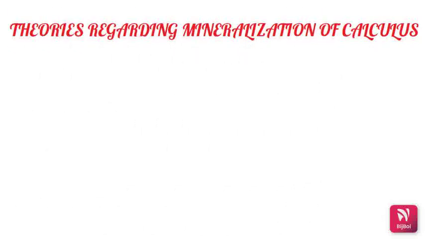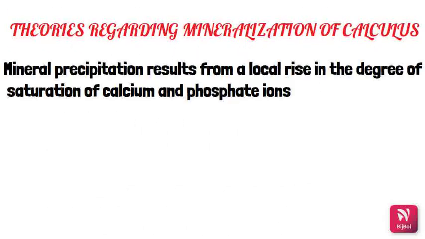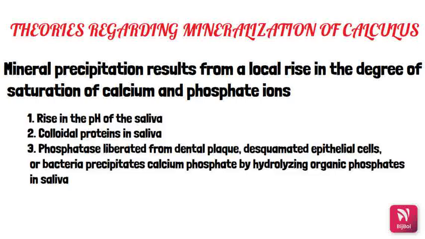Next, we will see the theories regarding the mineralization of the calculus. We are saying that the calculus is mineralized plaque, but how is the mineralization taking place? So the first theory is that there is mineral precipitation that is taking place because of the increased saturation of calcium and phosphate ions. Why is this increased saturation taking place? That might be because of the rise in salivary pH, because of the colloidal proteins that are present in saliva.